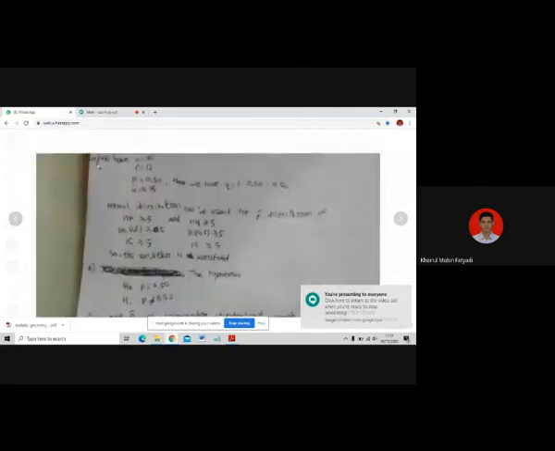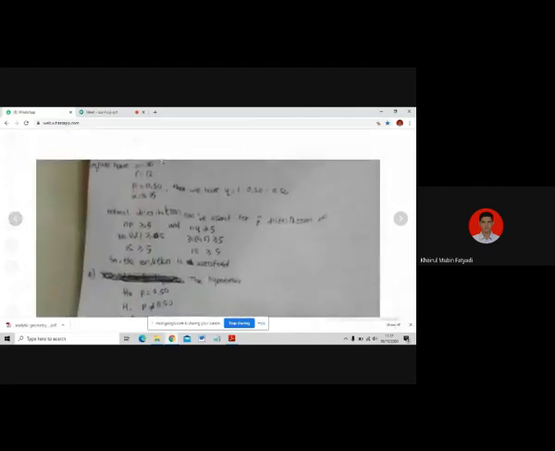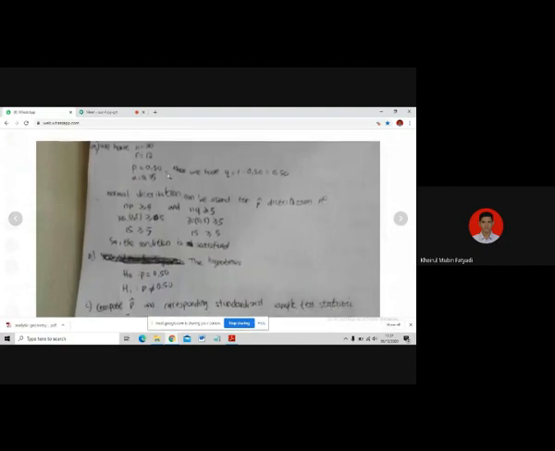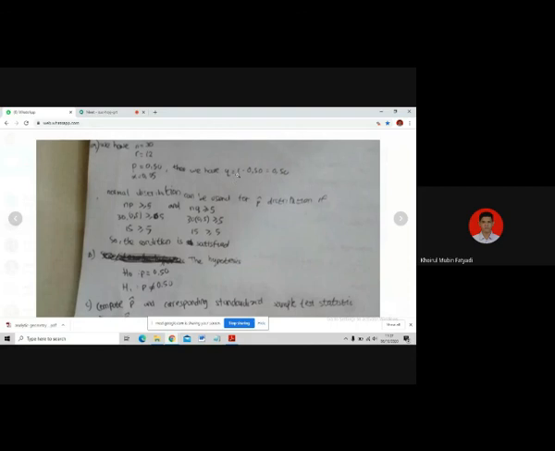We have n equal to 13, r equal to 12, and p equal to a half, 0.5. Then q is 1 minus 0.5, 0.5.